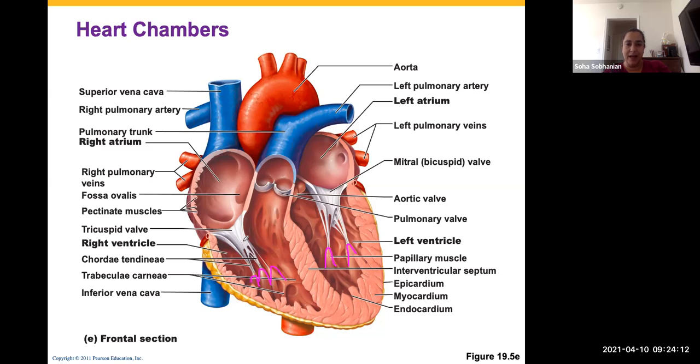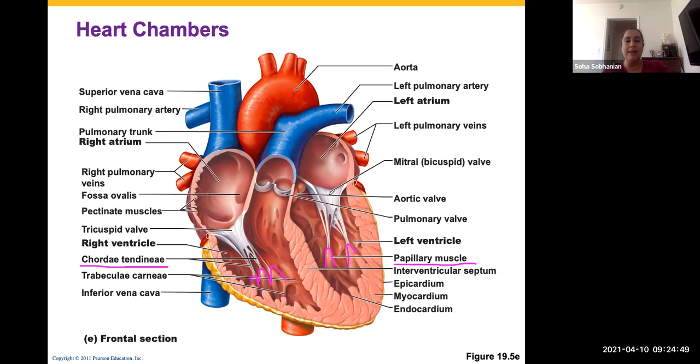Guys, pay attention to this because these are exam questions again. Here is my valve, which is the tricuspid or bicuspid. The little strings holding the valves, visible on both of these, are called chordae tendineae. They're tendons that look like cords, basically. And they are secured in place with these finger-like extensions of muscle called papillary muscle.